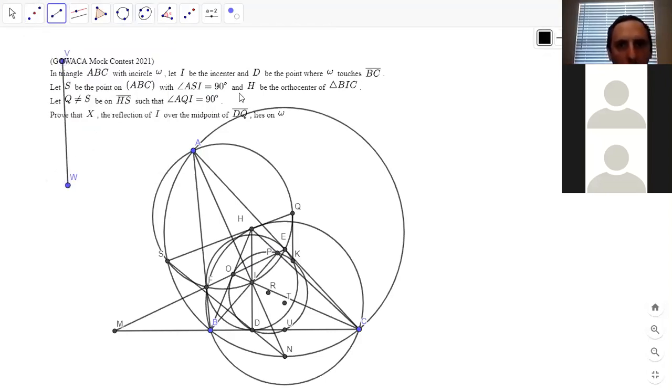Whoops. Looks like Serdar got cut out for a second. So I and T are on the Euler line, and we want to show AQ is parallel to that.